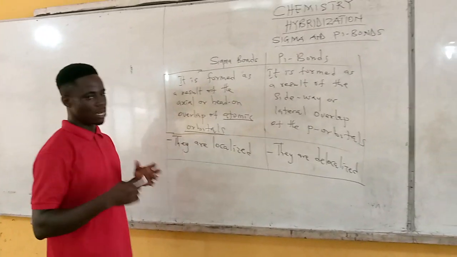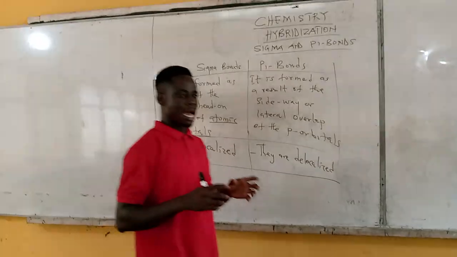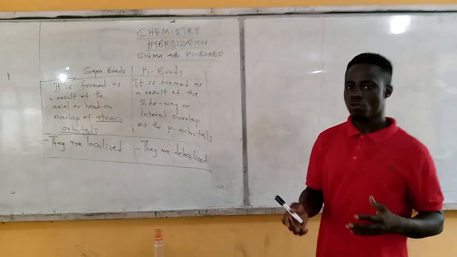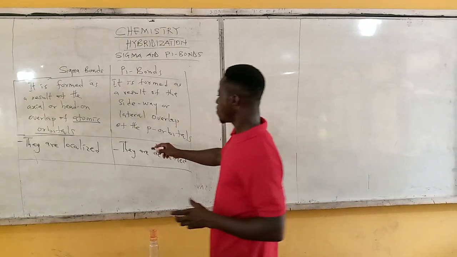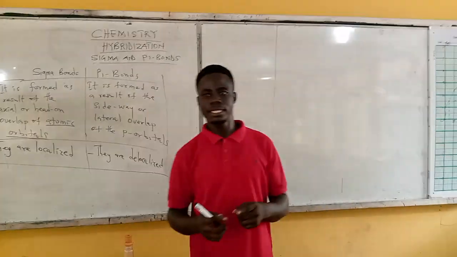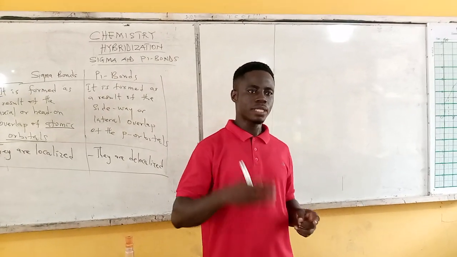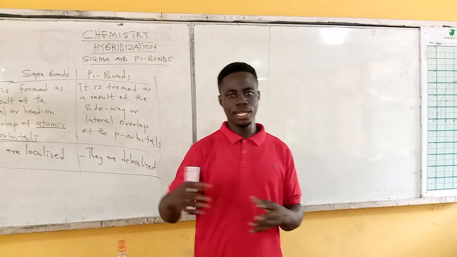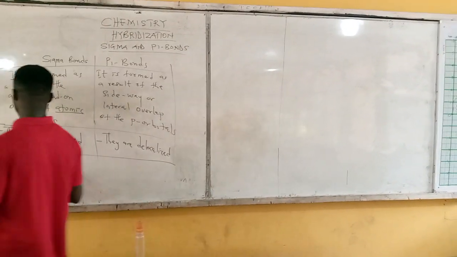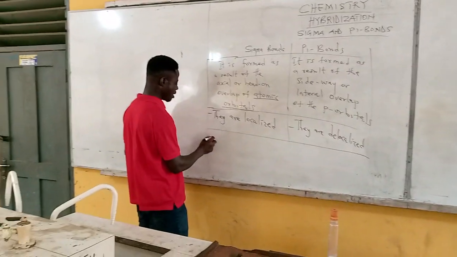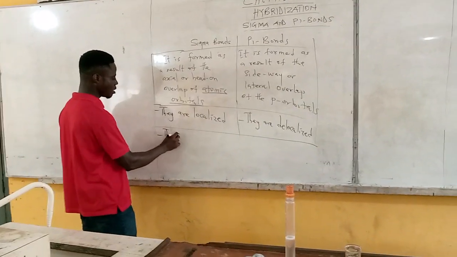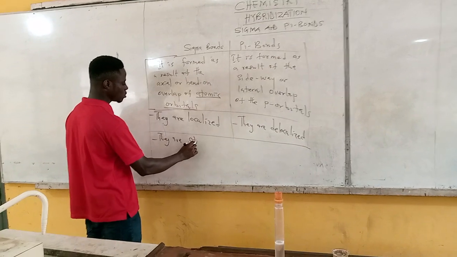What do we mean by localized? Their electrons are immovable. They are not able to move. But when you pick the pi bonds, they are delocalized. What it means is that the electrons of pi bonds are able to move freely. And because of this, the sigma bonds are very strong bonds. They are stronger bonds.